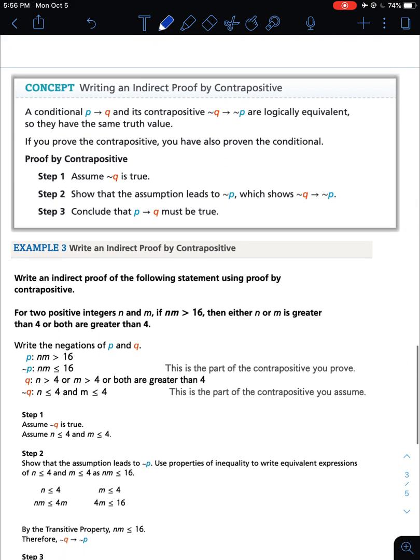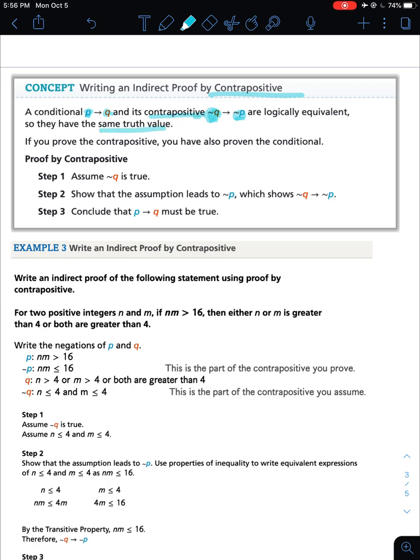So writing an indirect proof by contrapositive. With this one, we also need to identify the hypothesis and the conclusion because we're going to write the contrapositive. The contrapositive switches the P and the Q, but it's also going to be the not: if not Q, then not P. The conditional and the contrapositive are logically equivalent.